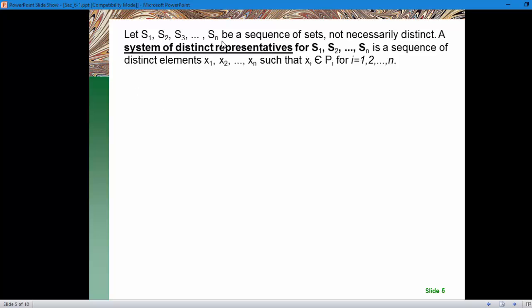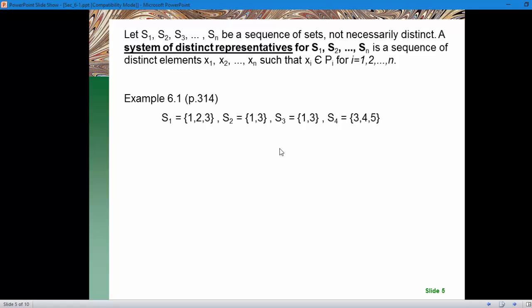If you have sets, not necessarily distinct, some of these sets could be equal. An SDR for these sets is simply a sequence or a tuple of distinct elements such that the first element belongs to the first set, the second element belongs to the second set, and so forth. If you're able to find such a tuple that has all elements distinct, that's called an SDR for those sets.